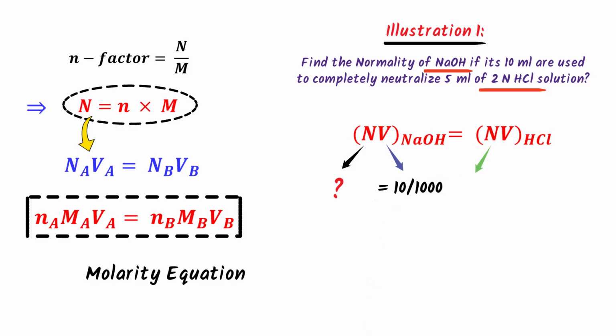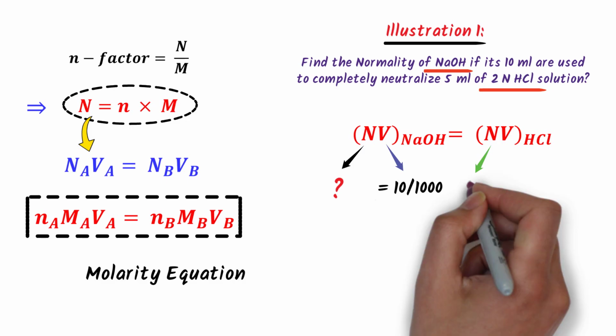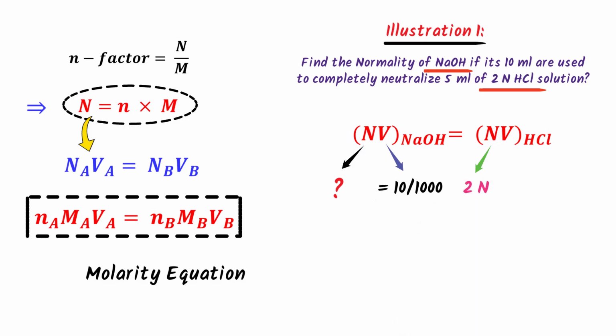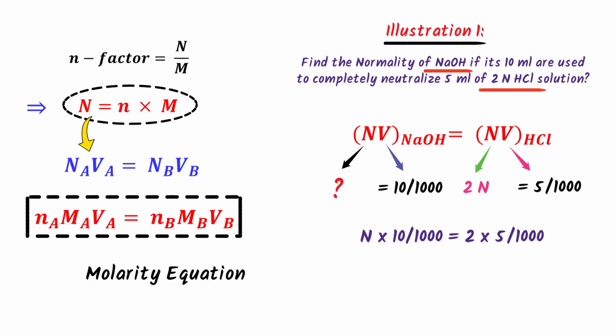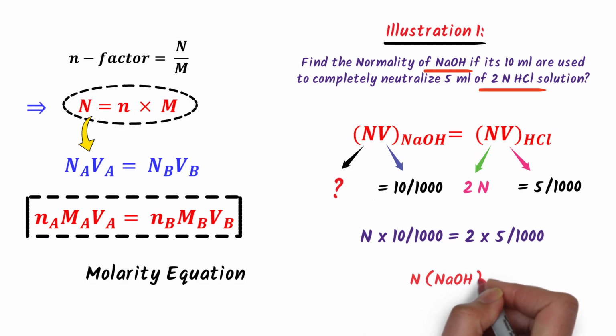Similarly, in case of HCl, normality is given as 2, and volume is equal to 5 per 1000 in liters. While putting the values in the expression, we get N into 10 by 1000 equals 2 into 5 by 1000. Upon solving this equation, the normality of sodium hydroxide comes out to be 1.